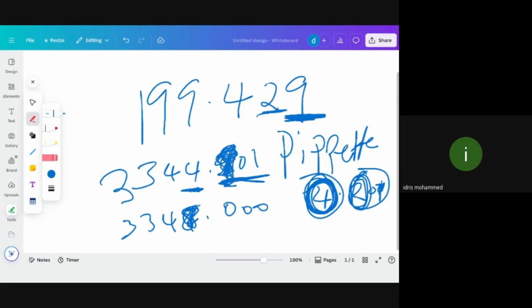So the 10th one is what will move this one to 5. Then it will start again: 3345.00. Then this one will start counting. This one too will move to 9 before this one will move again. All these ones must move to 00 first before the pip will move.